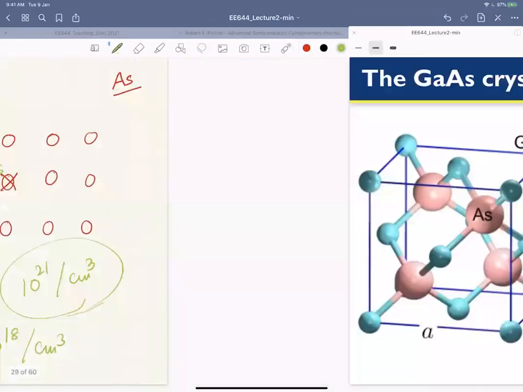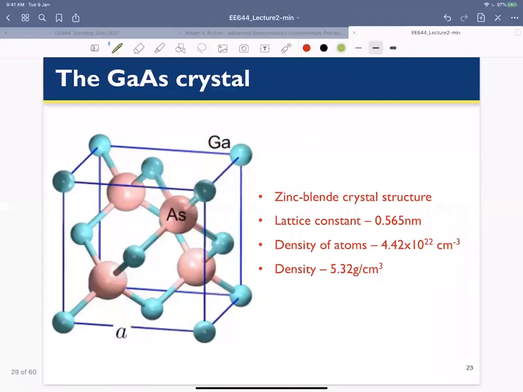Now similarly, as I told you, germanium has a diamond cubic structure, and gallium arsenide is also a diamond cubic structure, but the only difference is that here there are two different materials, gallium and arsenic. As I told you last time, the diamond cubic structure has 2 interpenetrating FCC lattices. Here we have the same thing, but the second lattice is made of arsenic.